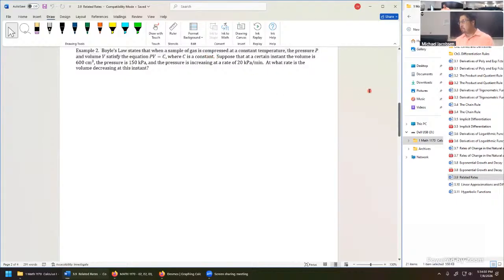It says next, suppose that at a certain instant in time, we have some enclosed volume, and that volume is 600 cubic centimeters. We know the pressure, maybe there's a gauge on this, maybe it's a cylinder, for example. The pressure at that instant of time is 150 kilopascals, a typical unit for pressure. And we're also told the pressure is increasing at a rate of 20 kilopascals per minute.